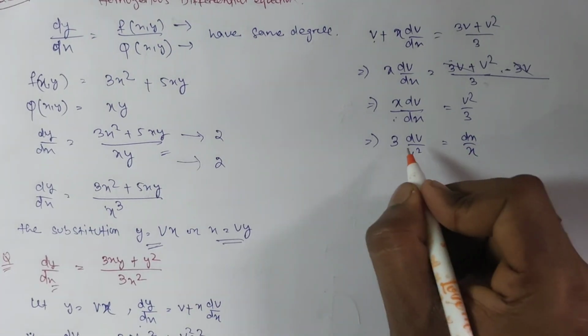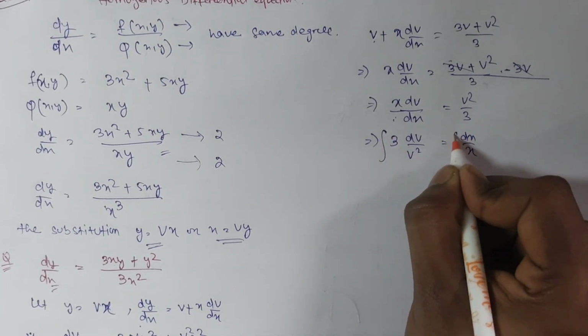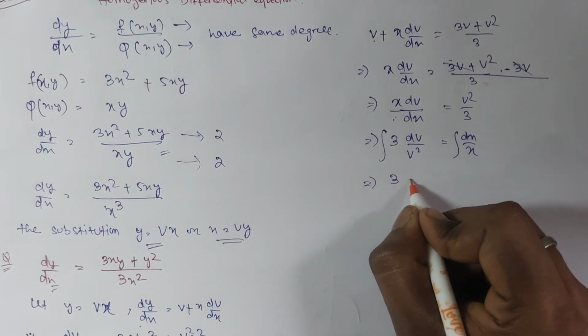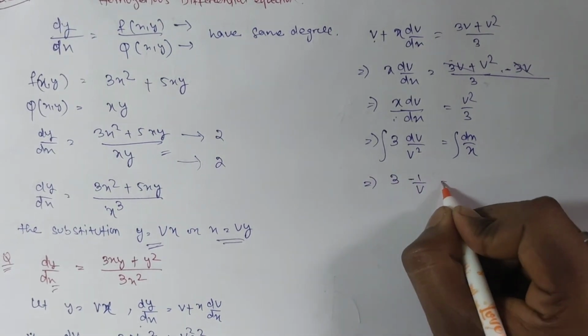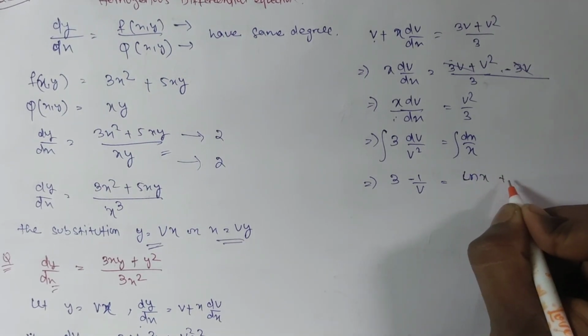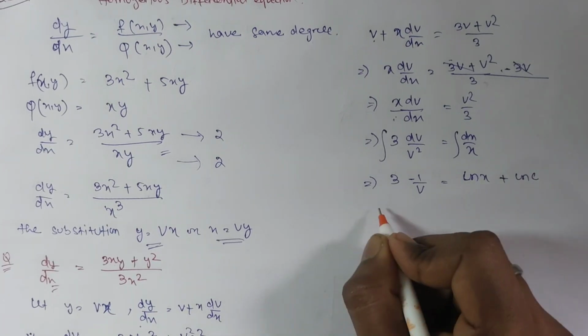Now we integrate both sides. Then we get 3 times the integral of 1 by v squared, which is minus 3 by v, equals ln x plus a constant, ln c.